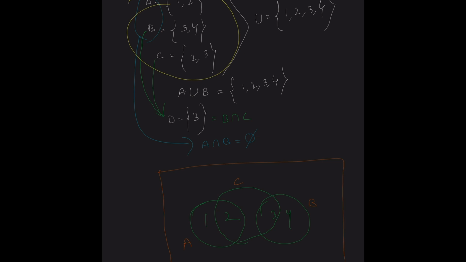So this is a universal set. This way of representing sets is called the Venn diagram. The Venn diagram came from John Venn, who lived from 1834 to 1883.